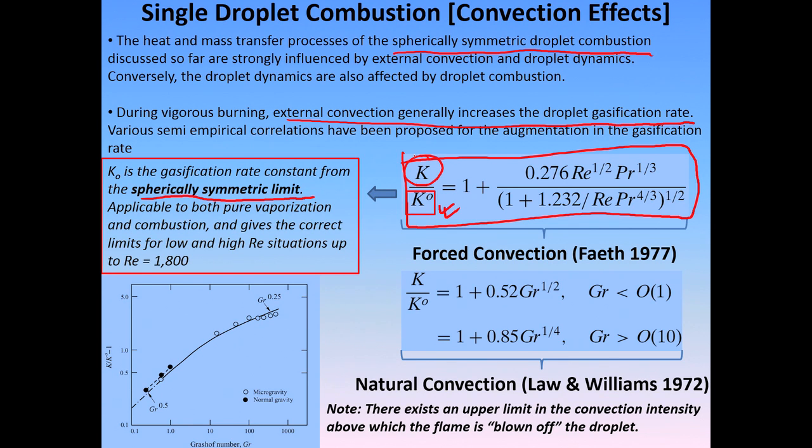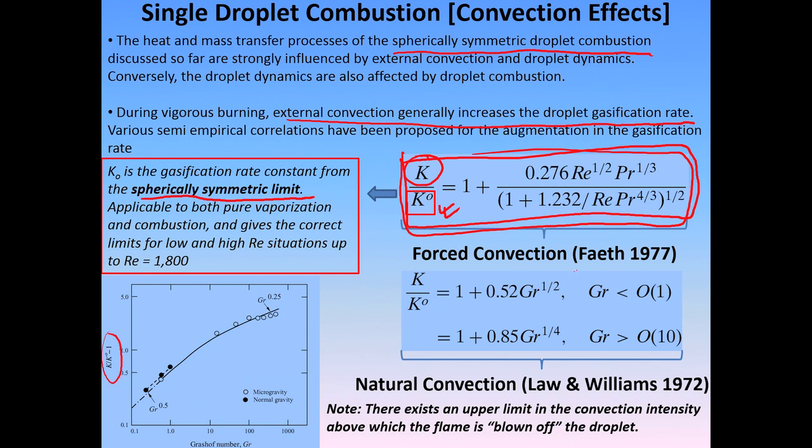K is the corresponding burning rate or vaporization rate when convection is present. This is given by this particular ratio, which has been plotted over here, for normal gravity and microgravity, but let us not go into the details of that.